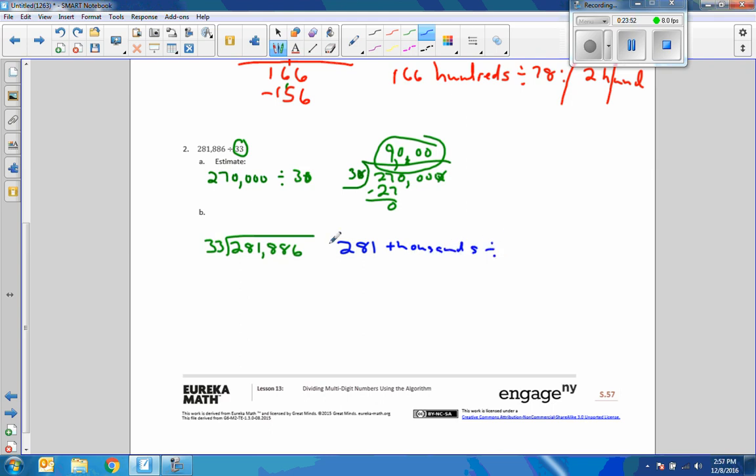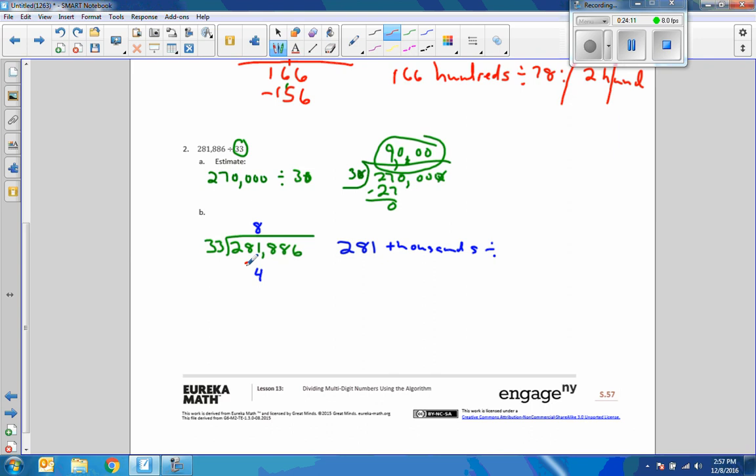And we're going to divide by 7 times 3 is 21, 8 times 3 is 24, 9 times 3 is 27, but we're not carrying a 2, it put me over, so I'm going to use an 8. I will put an 8 here. 8 times 3 is 24.